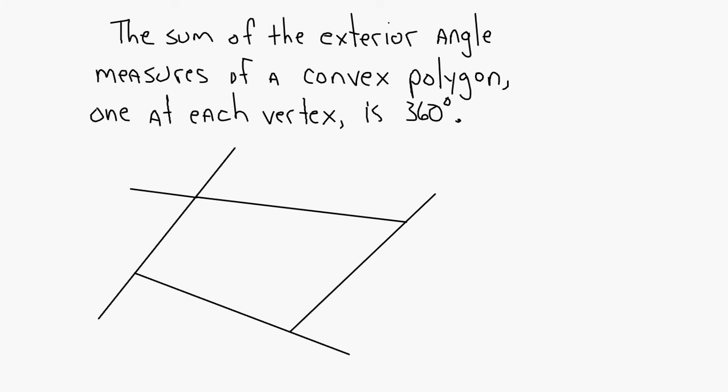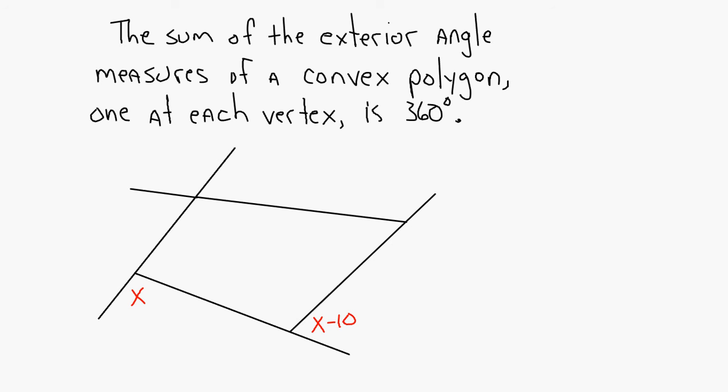Remember that an exterior angle is formed by the extension of one side and the next side, okay? So in this case, this would be an exterior angle right here. All right, maybe this is X. And then an extension of a side and the next side, all right, this might be X minus 10.